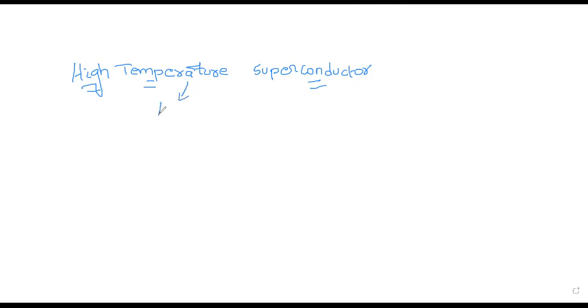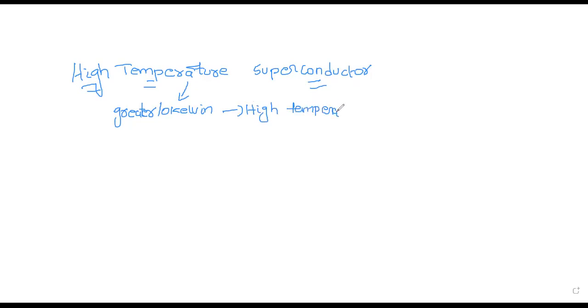If the temperature is greater than 10 Kelvin, then such materials which exhibit superconductivity at a temperature greater than 10 Kelvin are termed high temperature superconductors.